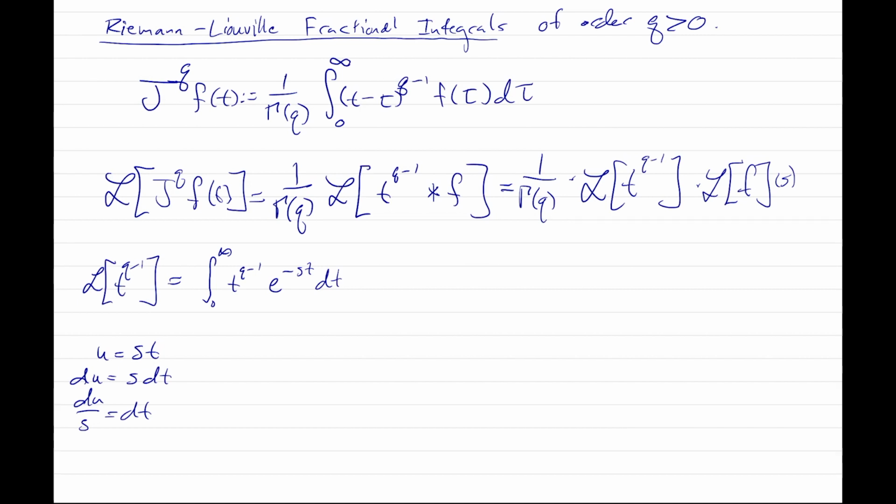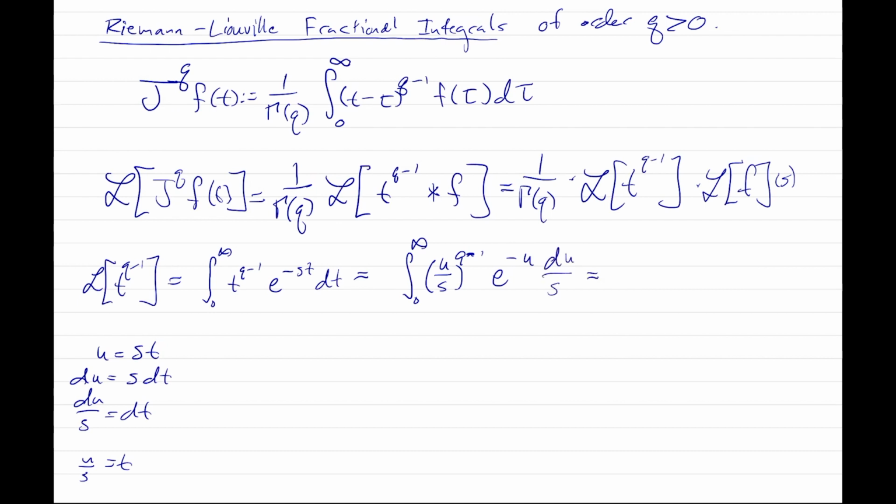All right, more than that, I know that u over s is equal to t. So now I can go ahead and plug everything in. So now I get the integral from 0 to infinity, and now we have u over s in here to the q minus 1. Then we have e to the minus u, and then we have du over s.